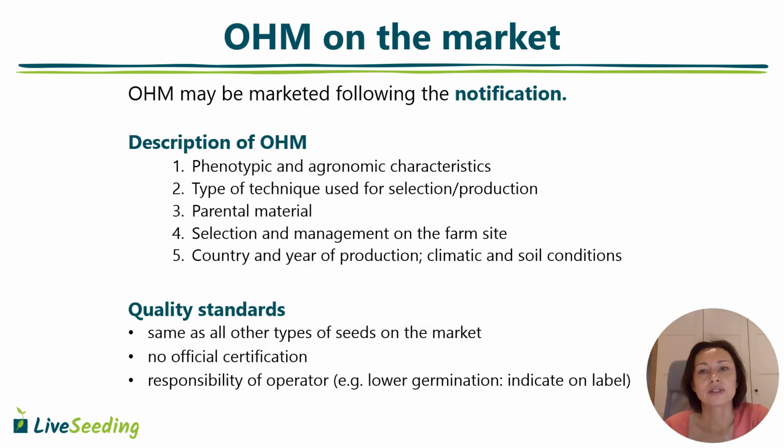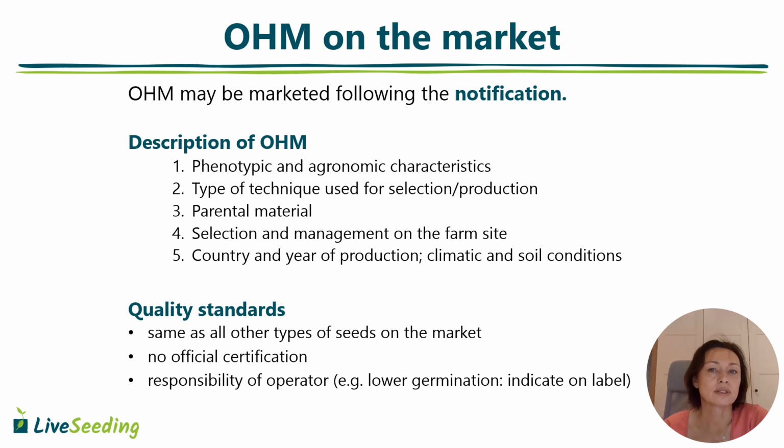Now I would like to share some information about the market aspects of OHM. As mentioned earlier, OHM is not considered a variety in the traditional sense, and the DUS criteria are not applicable. Instead, OHM is subject to a notification process. This means that the seed of OHM may be marketed after submitting a descriptive dossier to the competent authority.